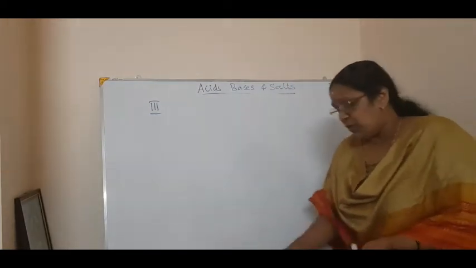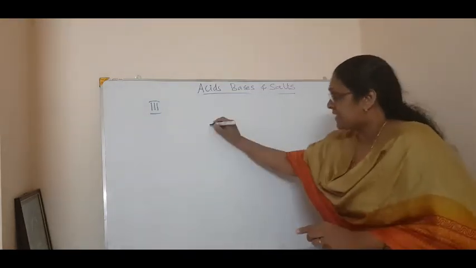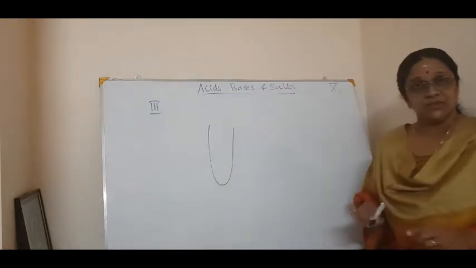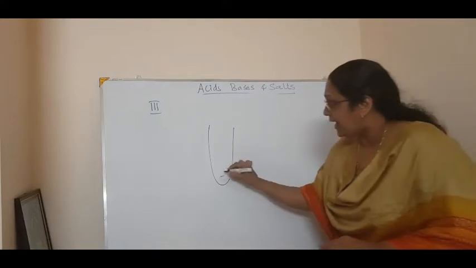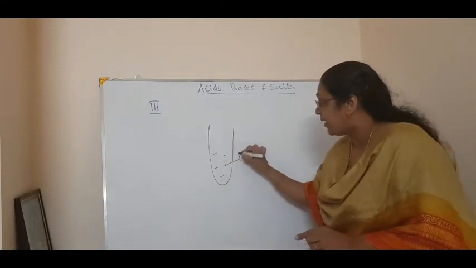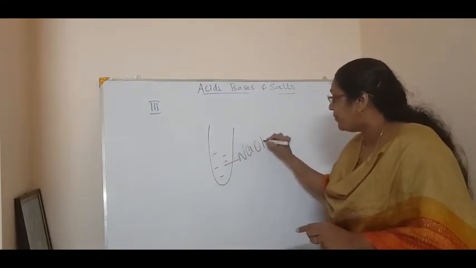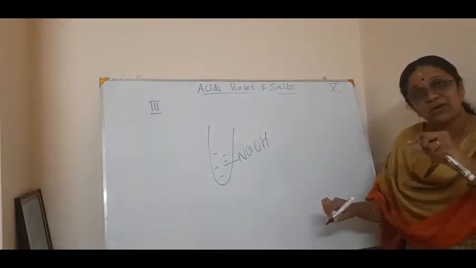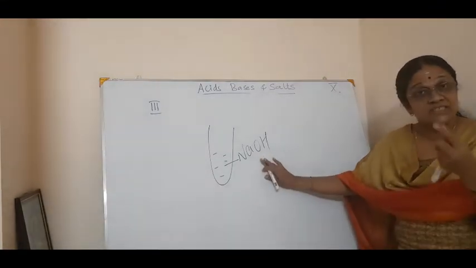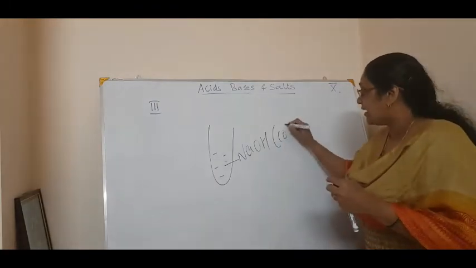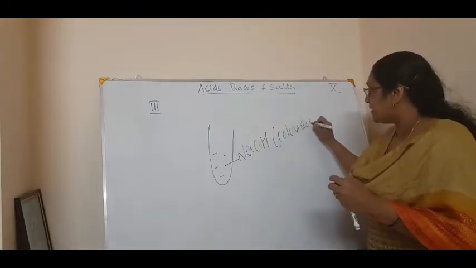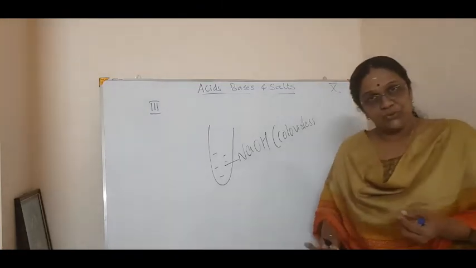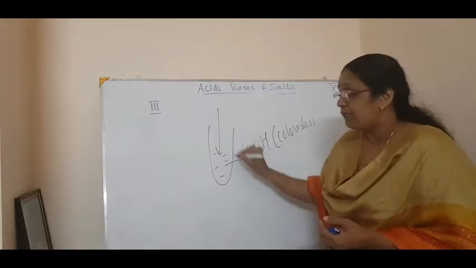You take one test tube and you add a base, for example NaOH. You know, NaOH pellets when dissolved in water give NaOH solution, which is colorless. Now what you should do is, you add phenolphthalein.